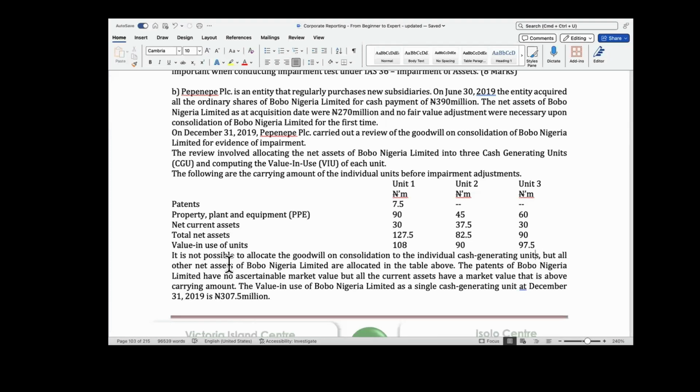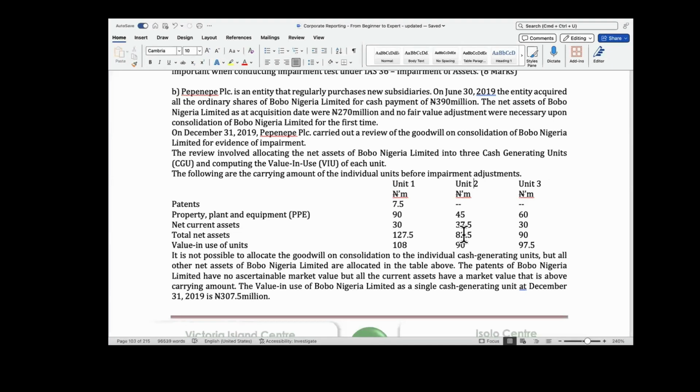But other net assets of Bobo are allocated in the table above. Okay, so they are saying the goodwill belongs to the entire business. So there's no way for us to say that goodwill belongs to each of these units. It belongs to all of them together. That's what they are saying there.